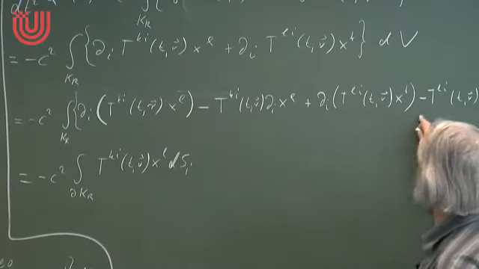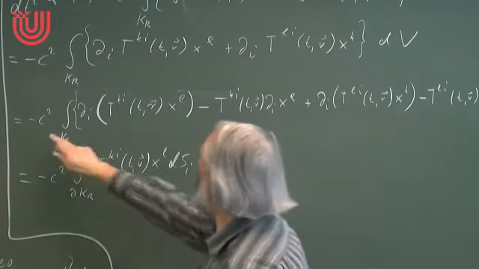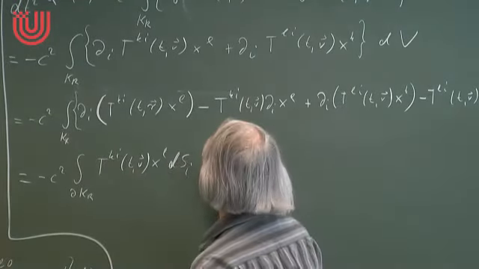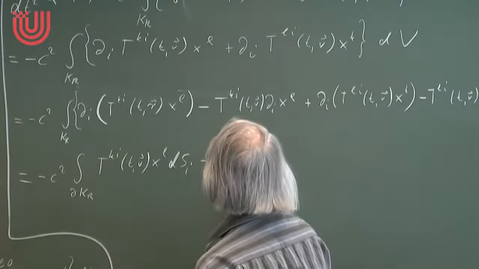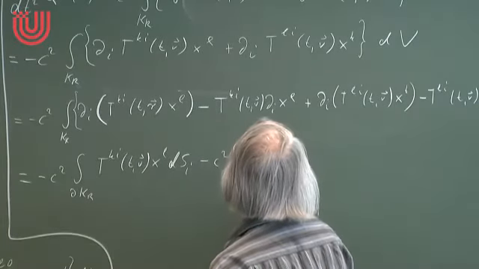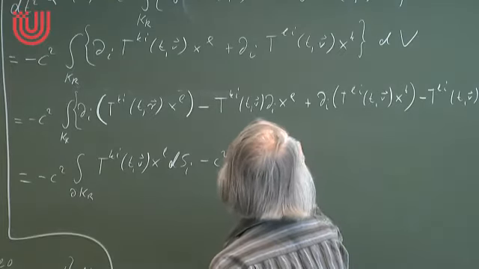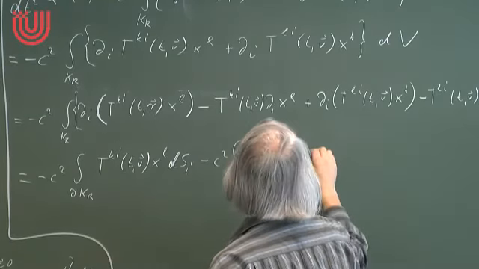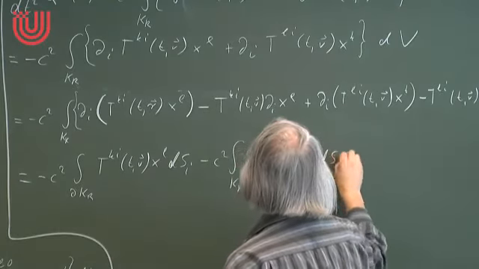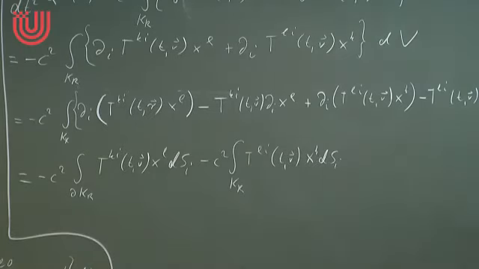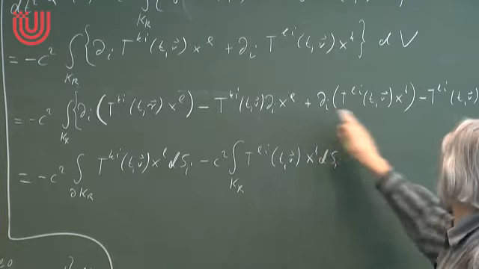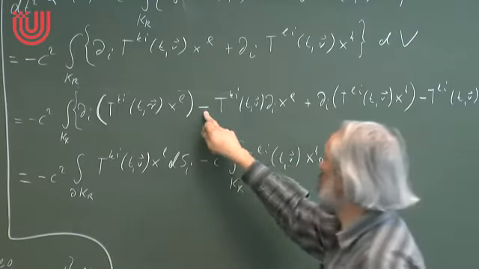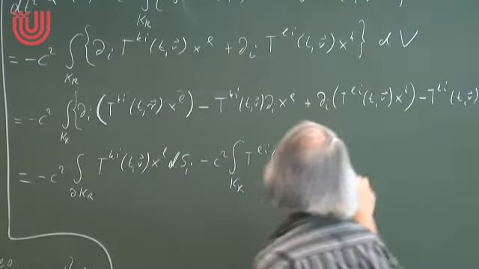And from this term here, I have a minus outside of the bracket, so it's again minus c squared integral over k r t_li t r x_k dS_i. So these are the two terms with the total divergences, and the remaining terms are these two. So they come with minus and another minus sign.